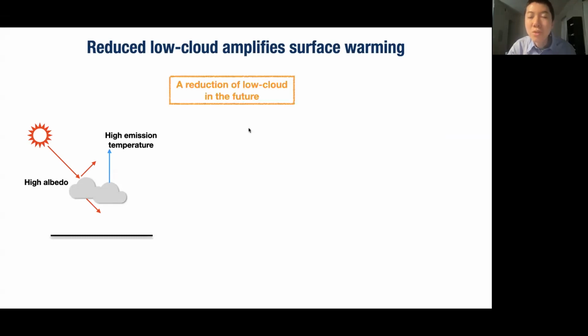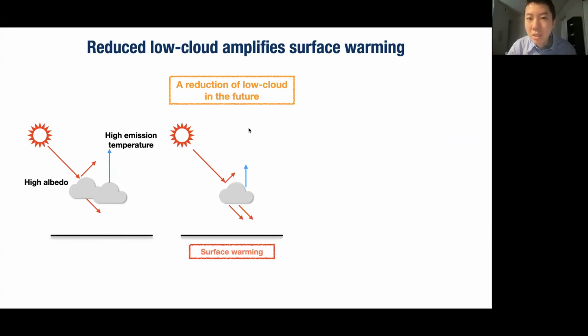In the future, climate models project that we will have reduced low cloud. Because low cloud reflects the radiation, the reduction of low cloud will amplify the surface warming. And we are eager to know how much warming will be due to the reduction of low clouds.